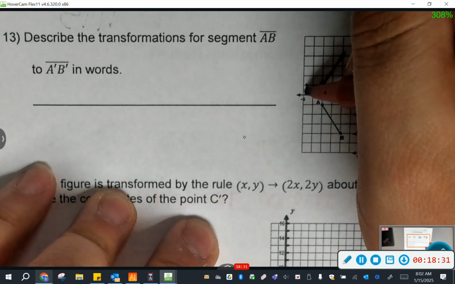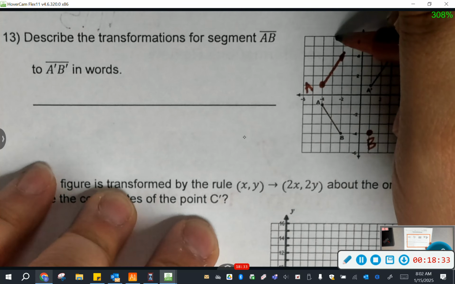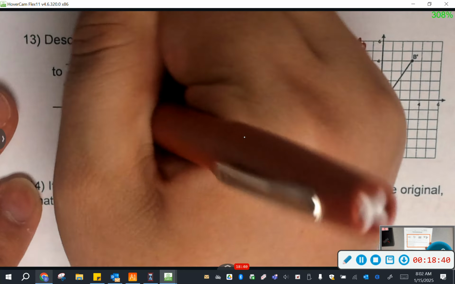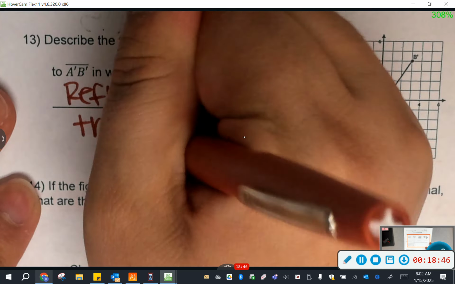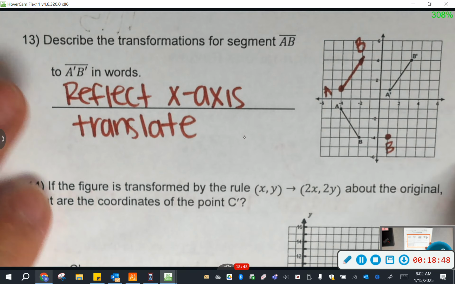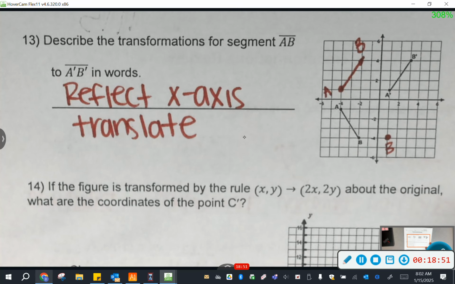Again, you're not going to have one that just has 2 things. You're going to have one that has 3. Can y'all write this down? It is reflect over x-axis and then translate. Your test will have 3 of them and you're choosing the best answer. This wasn't a good problem. Sorry.